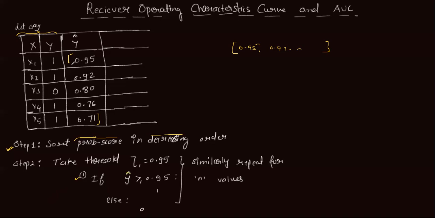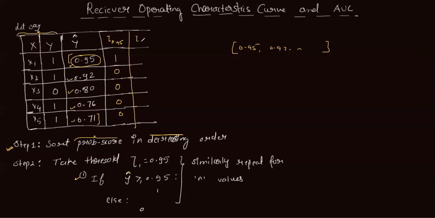I will take each and every value as a threshold, 1, 2, 3, 4, and 5, taking the first value first. If your y rate is greater than or equal to 0.95, I will put 1, otherwise I will put 0. So let's say this is the column for 0.95. This will be the first result.